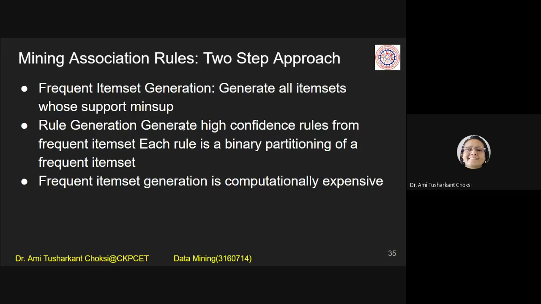Second one is rule generation, generate high confidence rules from frequent item set. Each rule is a binary partitioning of a frequent set. Which set? Item set. Fine. Frequent item set generation is computationally expensive.